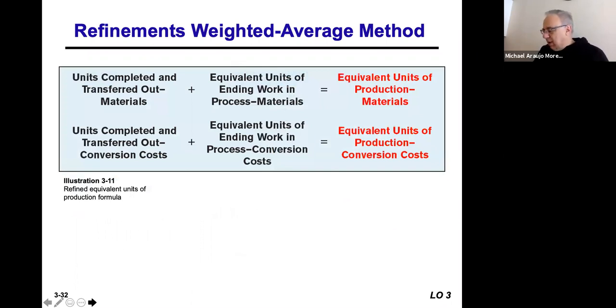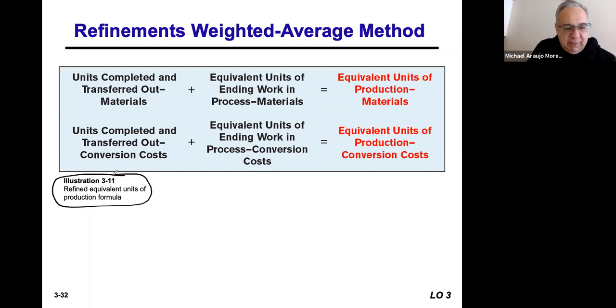Another very important formula is looking at the equivalent units from another perspective. So let's take a look at this. This is in your book, Illustration 3-11. It shows looking at things from a material perspective, equivalent units based on materials, and equivalent units based on conversion costs.